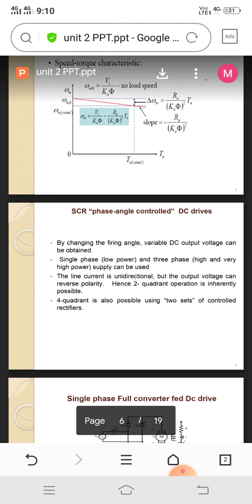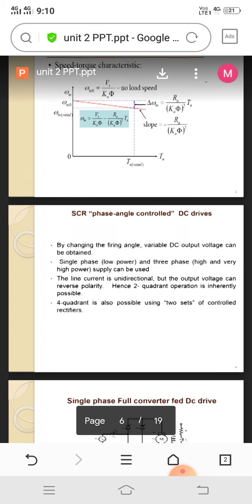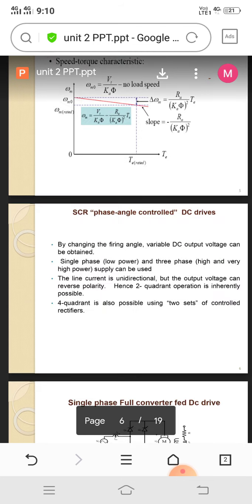Those switches are capable of being applied for various applications: low power, medium power, and high power applications. Okay, SCR phase angle control DC drives.